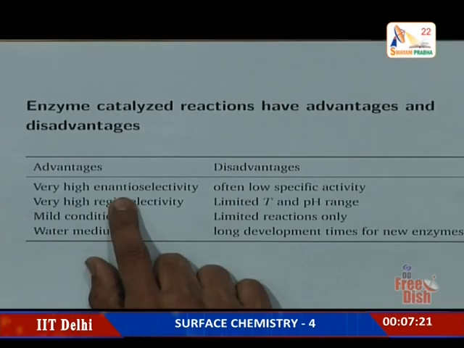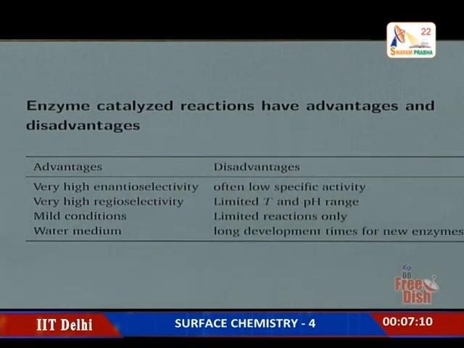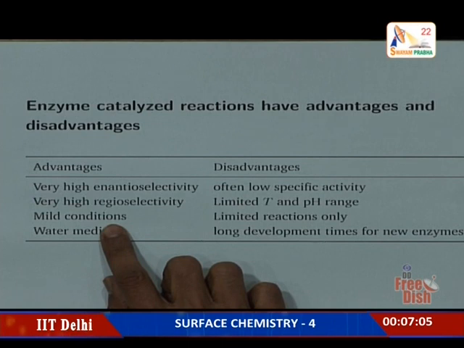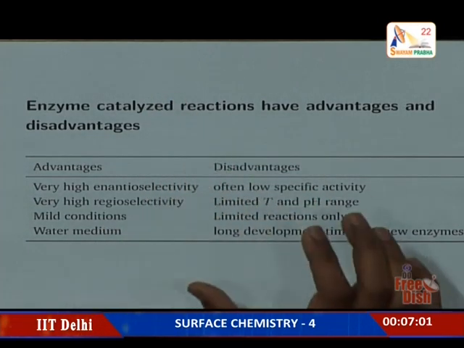They also have very high regioselectivity, which means that if you have a reaction at one site, it won't react if there is a change in that. And you can have reactions happen at very mild conditions.